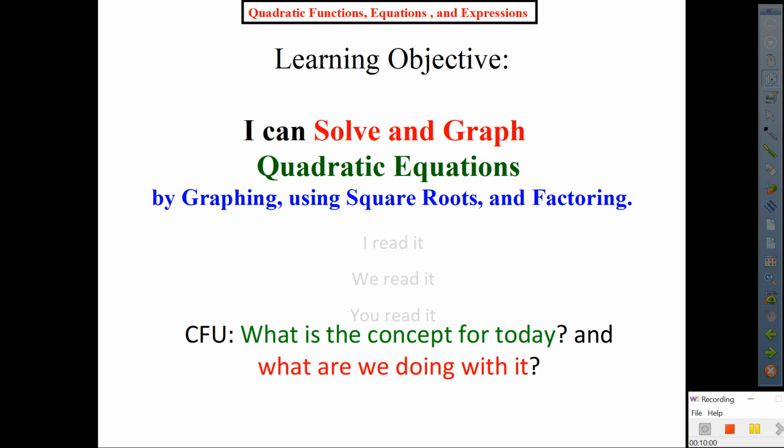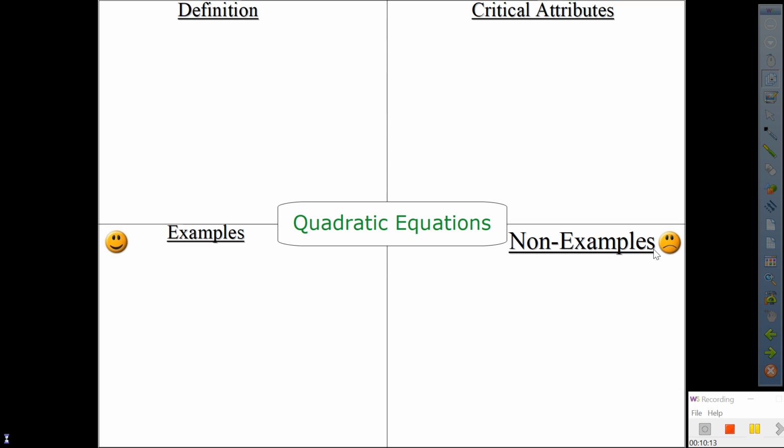Alright, quadratic equations, what are they? Quadratic equations are two variable equations where the highest degree is 2. Once again, what are quadratic equations? Two variable equations. However, the highest degree is 2.